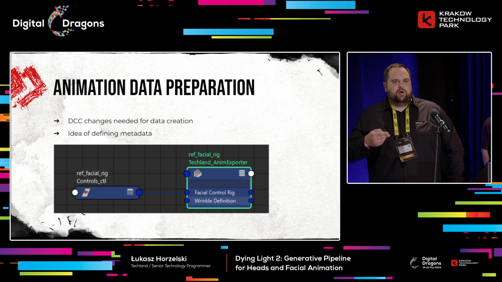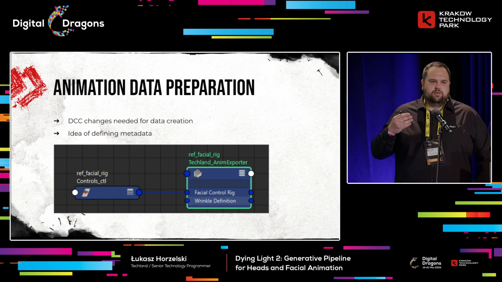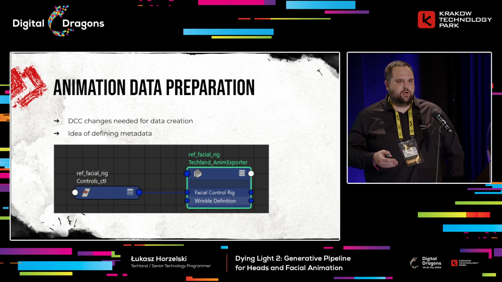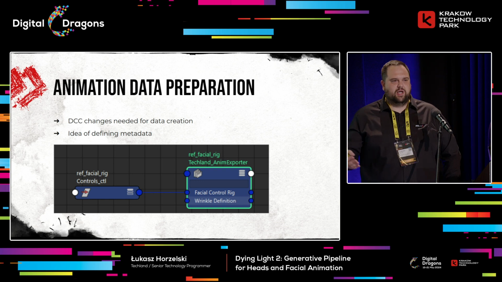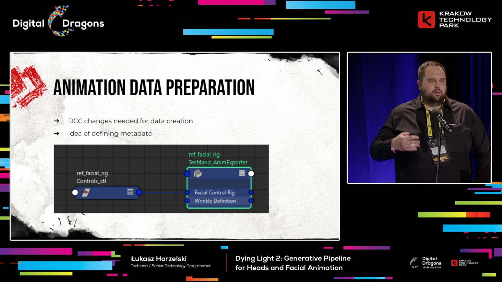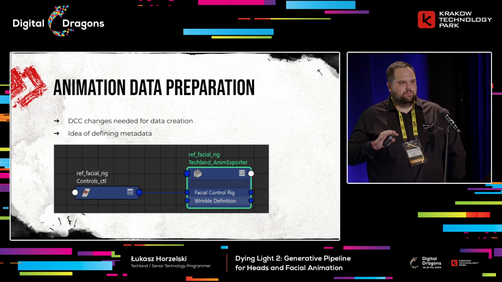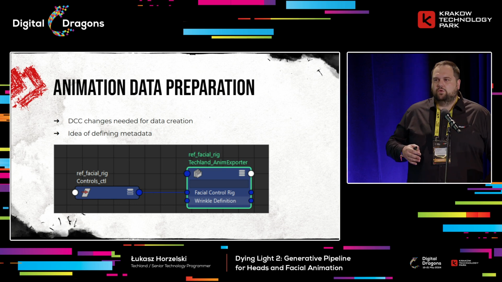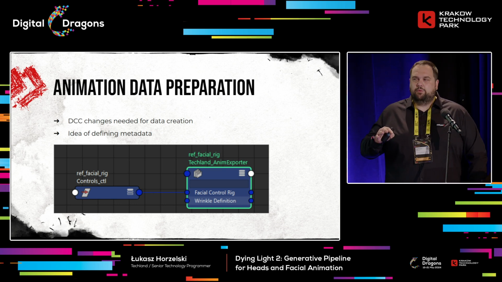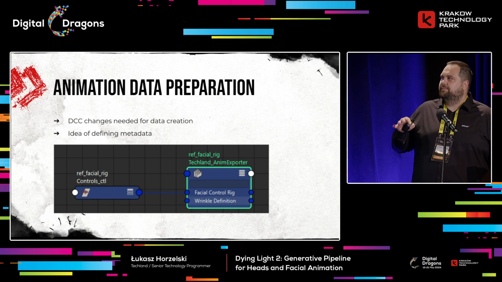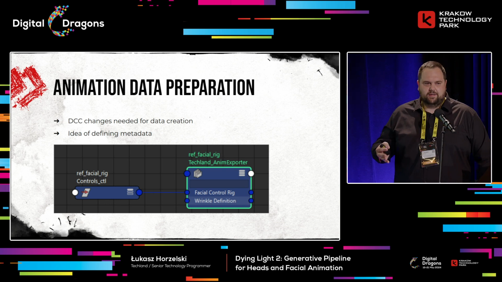Those changes also were necessary on the DCC side, so basically on data content creation software. So based on Maya or other software, we had to introduce our own plugins, our own add-ons, to store that extra information. So basically here we had the idea of metadata.